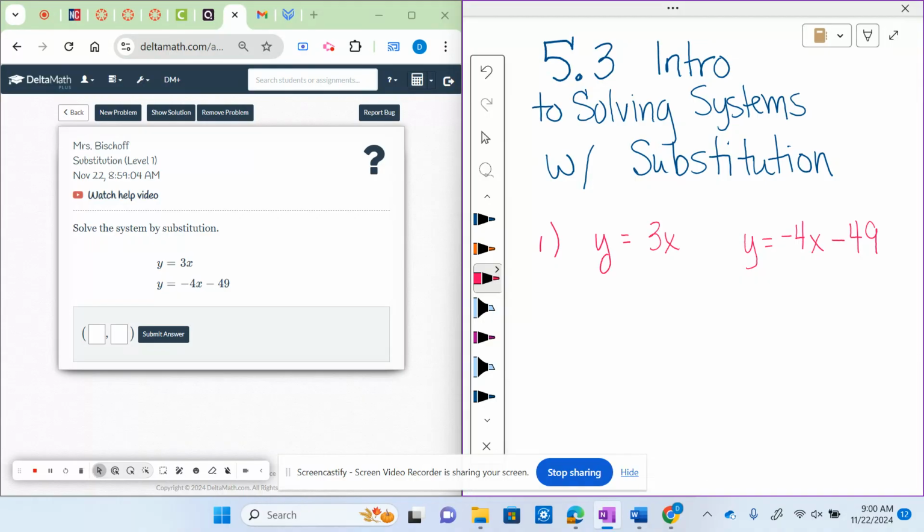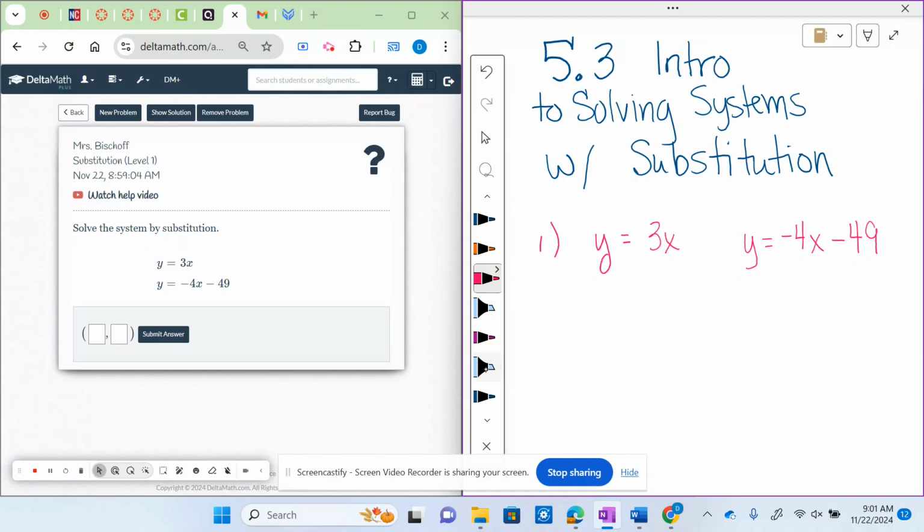That was by design, okay? So we're going to use substitution. Substitution means that I take the value for one variable, like if I know that y equals 5, right? I substitute that in anywhere I see a y, okay? That's what substitution means. We take the value for one variable and we substitute it in.